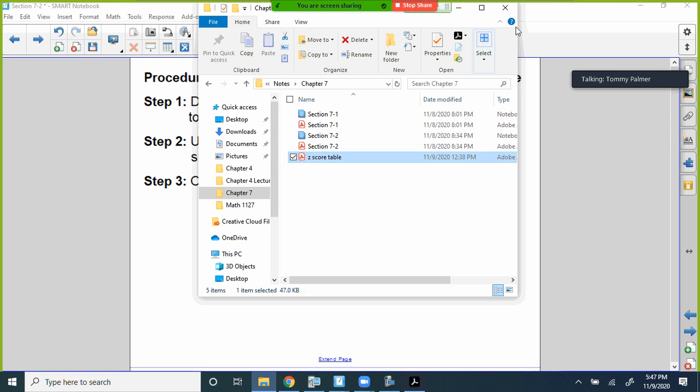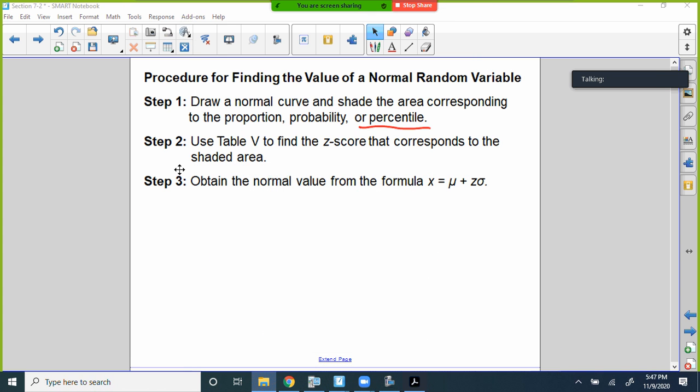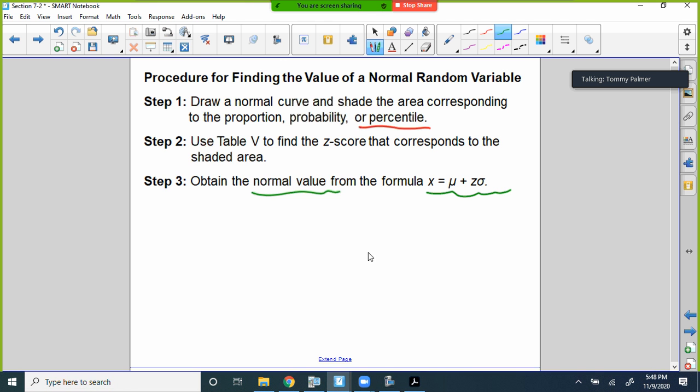You can obtain a normal value from this formula: X equals the mean plus z times the standard deviation. So here's another formula. When they talk about a normal value, they're talking about something like the 2100 weight for the draft.